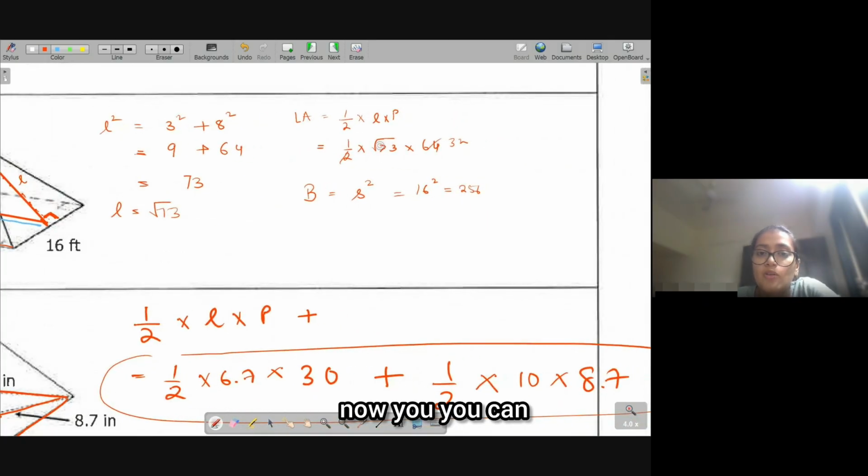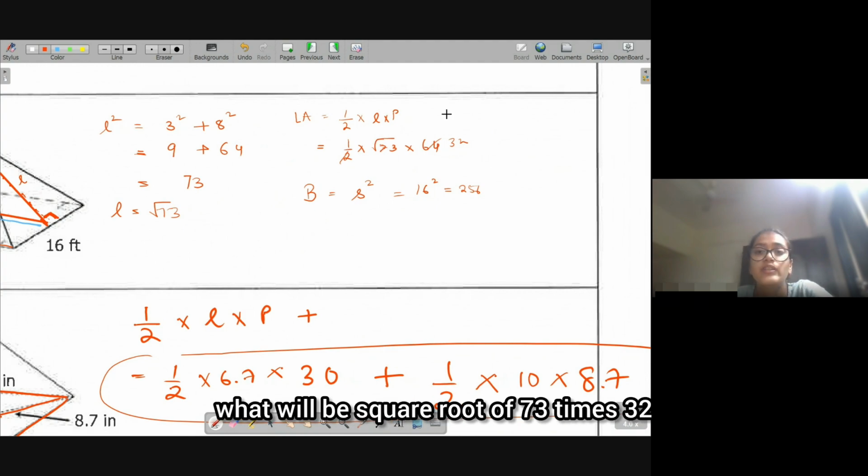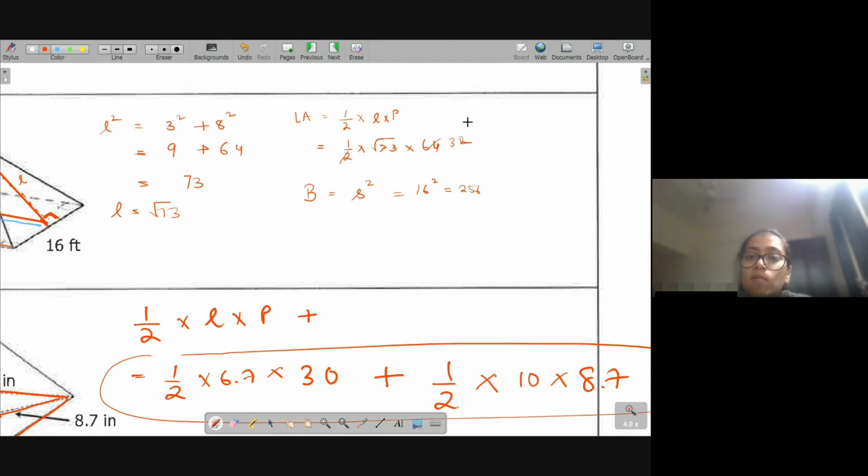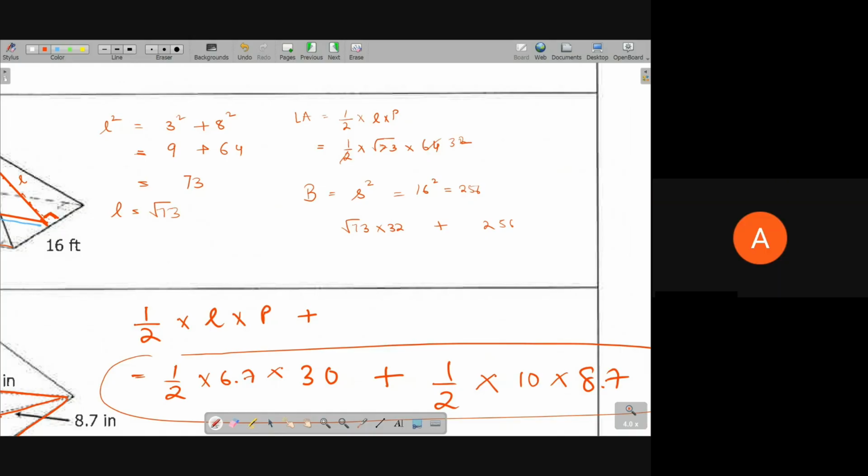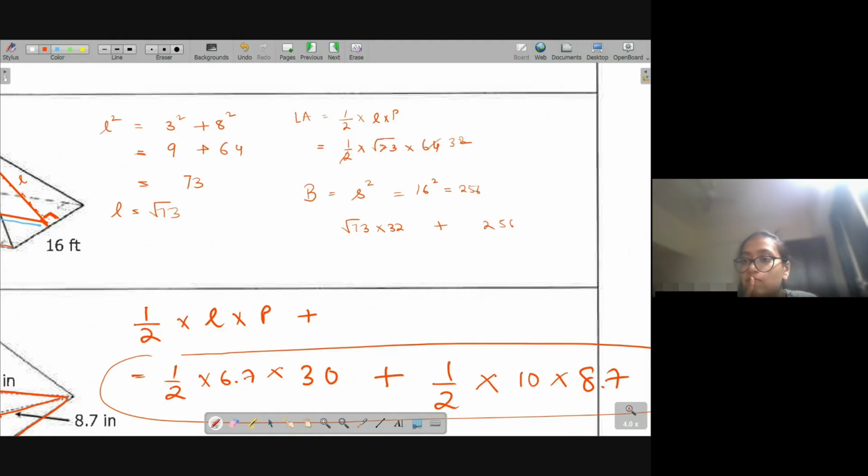Now you need to calculate the square root of 73 times 32, and then add that value to 256. I got around 325.27. No, can you check? It should be more than that.